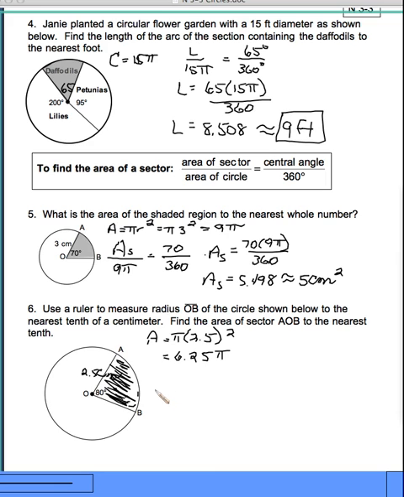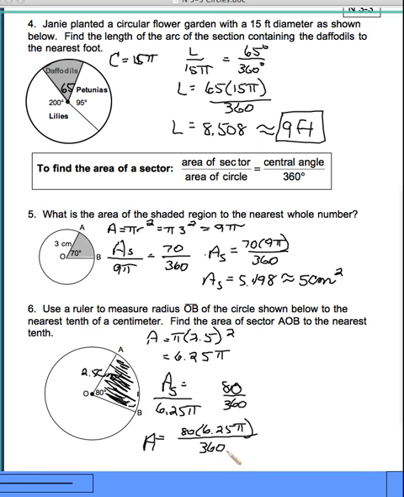So the area of the sector over 6.25 pi, the area of the circle, is equal to this angle, which is 80 over 360. When we multiply, you have 80 times 6.25 pi over 360.